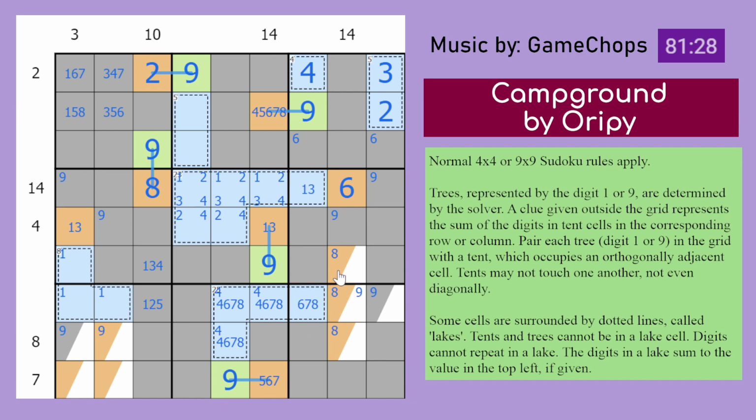Oh, do we know that 8's in one of those cells? We do. Yeah, so in this box, 8 has to be here. That forms a 6-8 pair. So those digits are 1, 5, and 7. Now what? I always ask that. It's so dumb. I mean, the puzzle's not dumb.